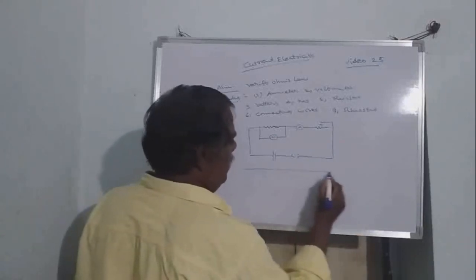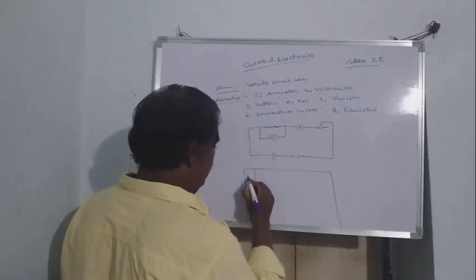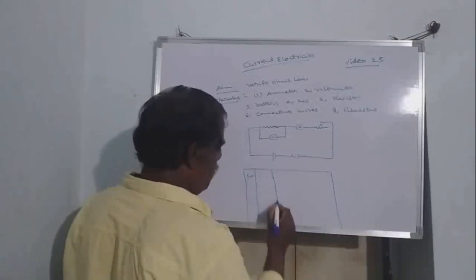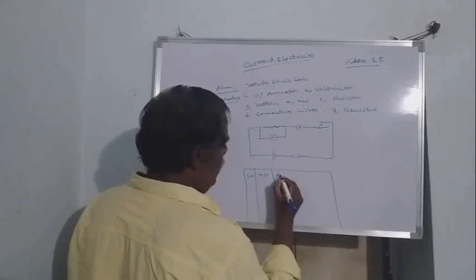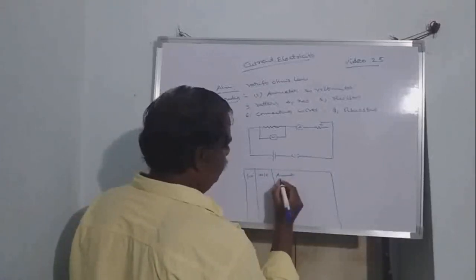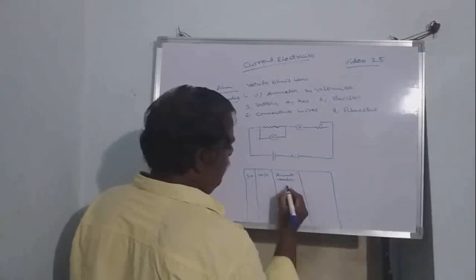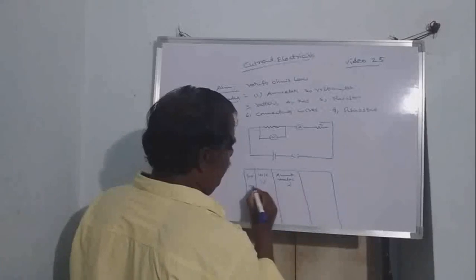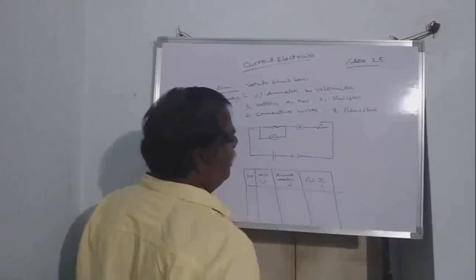Draw a tabular column like this: serial number, ammeter reading I, voltmeter reading V, and R = V/I.